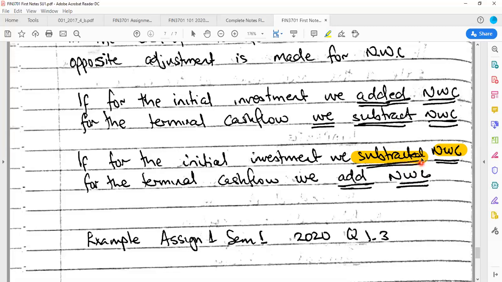Now, that money that was spent at the beginning is recovered at the end. It's recovered when we terminate the project. So when we recover that money that went out, to calculate the terminal cash flow, we add back that money. So it's actually recovery of money that we spent at the beginning, and then at the end, that money comes back in. So we add it to the terminal cash flow calculation.